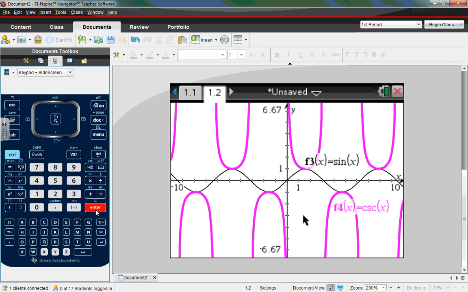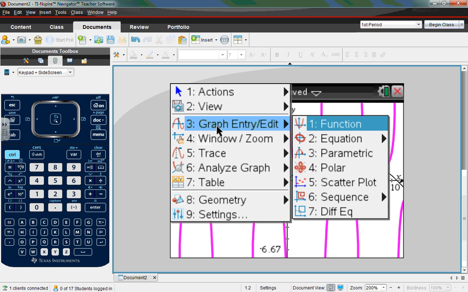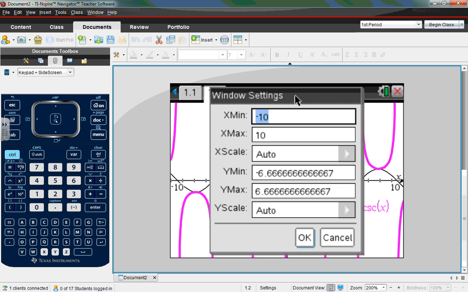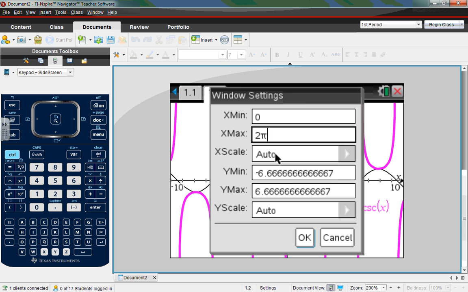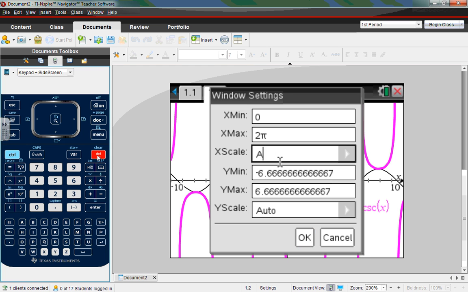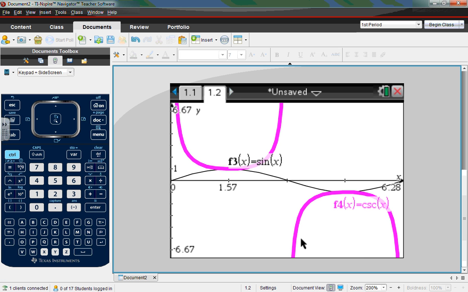If I want to look at it from 0 to 2 pi, so that you can see one complete cycle, this is going to be 0, and this is going to be 2 pi. And then our scale is going to go pi divided by 2. That's it. That's what you're going to see. Do you understand that?